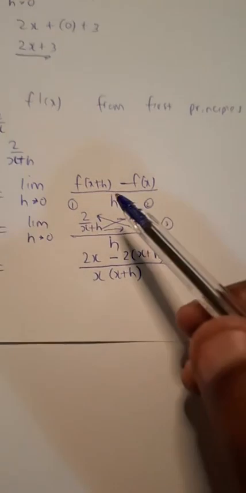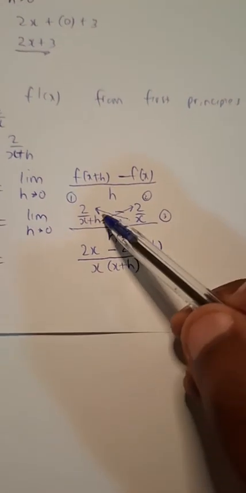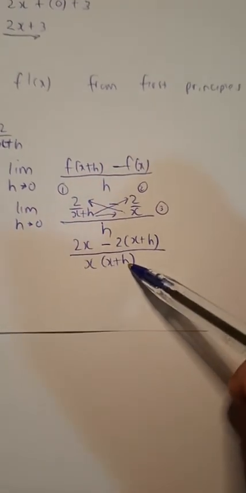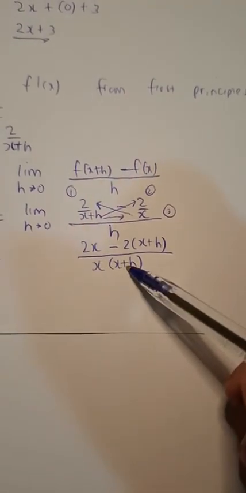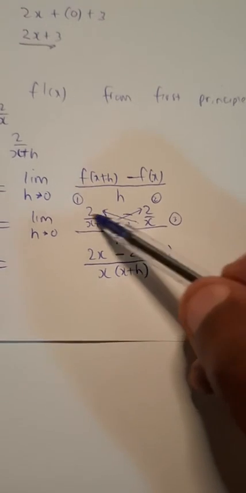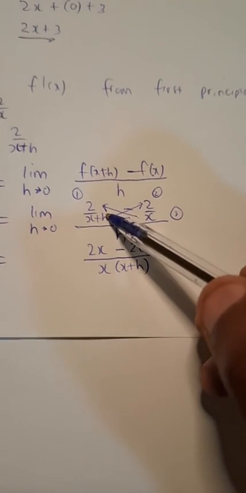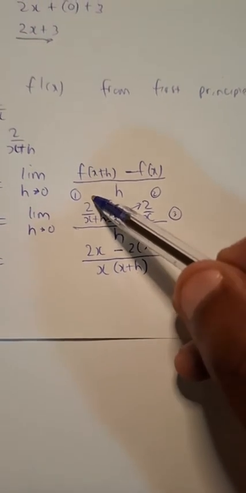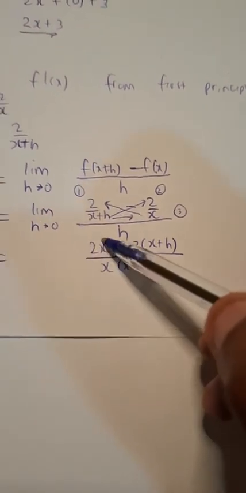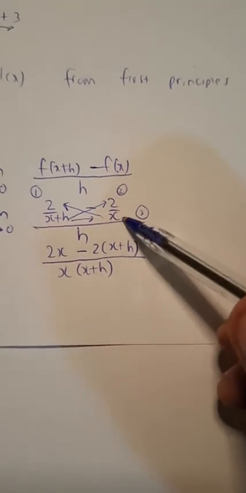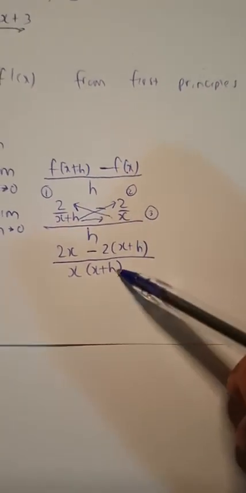Then what you would do is form each denominator in harmony with the LCD, which is x into x plus h. What would you multiply x plus h with in order to get this LCD? You multiply it with x, and you do the same at the top. So you see where the 2x comes from. Same thing here: what would you multiply this denominator with to get this LCD?